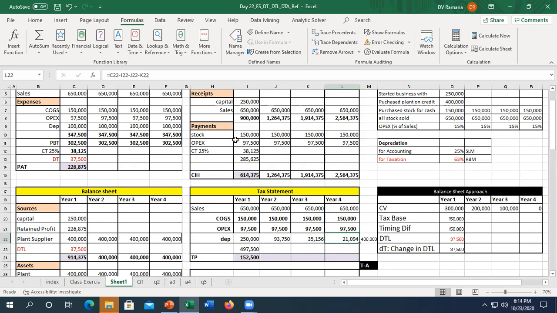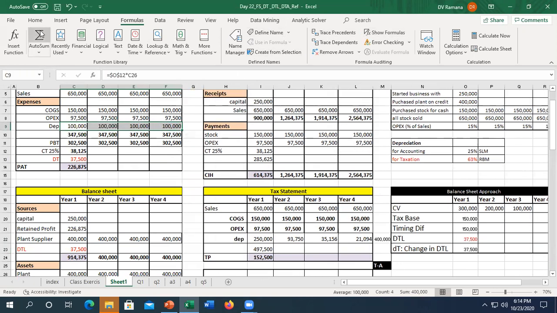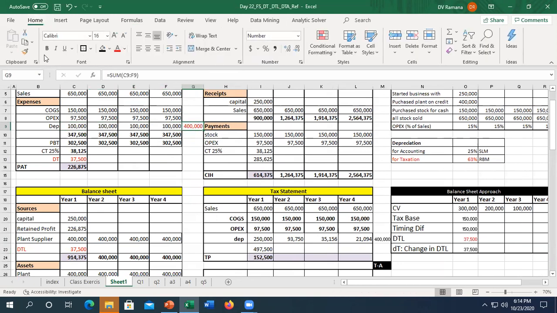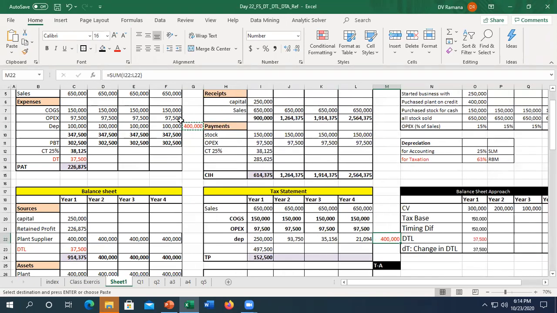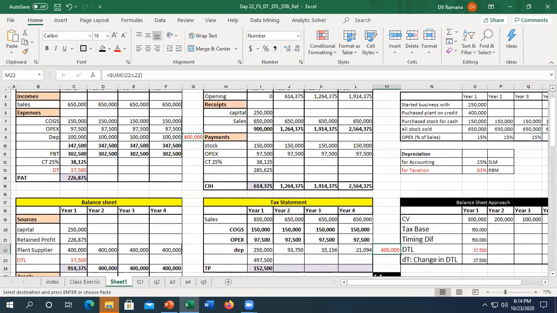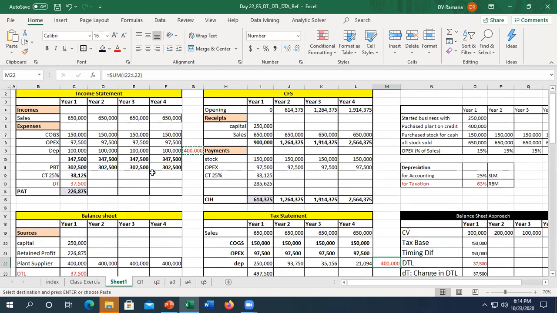Now observe, the depreciation in the books of accounting in the income statement is 400,000. And depreciation in taxation is also 400,000. So that means the total depreciation claimed in accounting books for the purpose of reporting and the depreciation for the purpose of tax is the same.